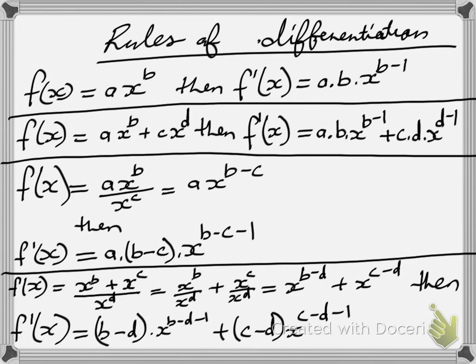So that is the rule of differentiation. Also, when you are asked to differentiate a fraction where the term to be differentiated is in the denominator, you use your laws of exponents to write it in line format, then you differentiate. Let's do some examples. Example number 1.